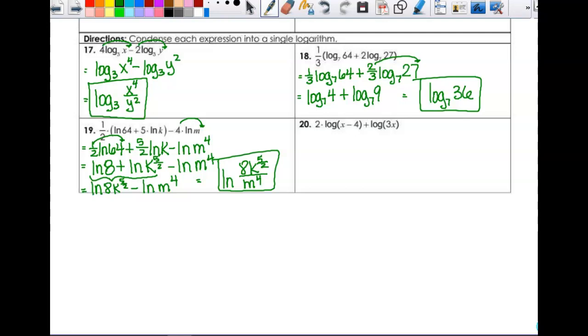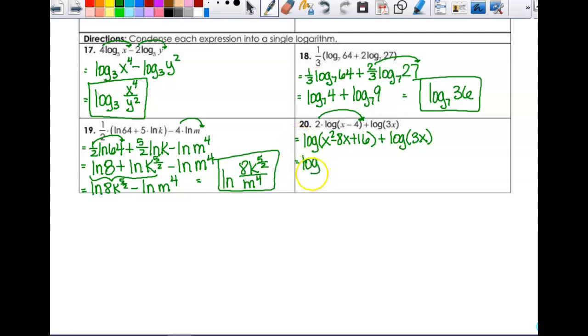All right, so number 20, I'm going to make this an exponent up here. So this becomes log of, and then when I square this does not become x squared plus 16. This becomes x squared minus 8x plus 16 plus log of 3x. So I'm adding 2 logs with the same base.